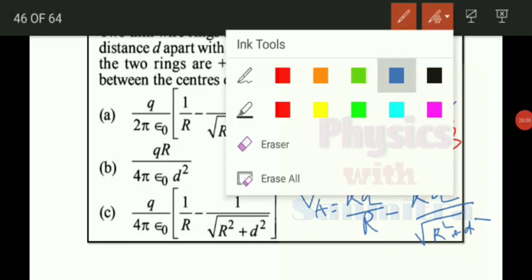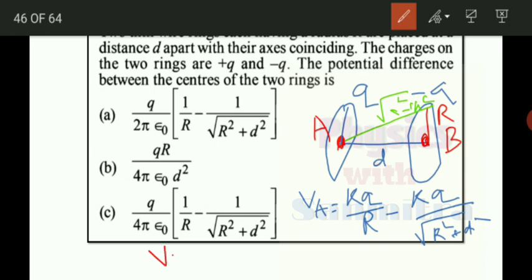Now what about VB? Due to this ring I will get minus kq by r, and due to this one I will get plus kq by root over of r square plus d square.